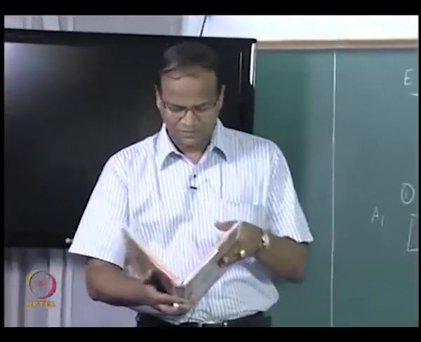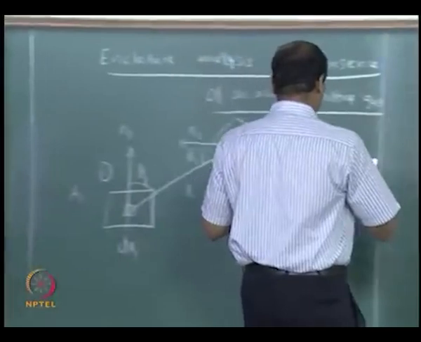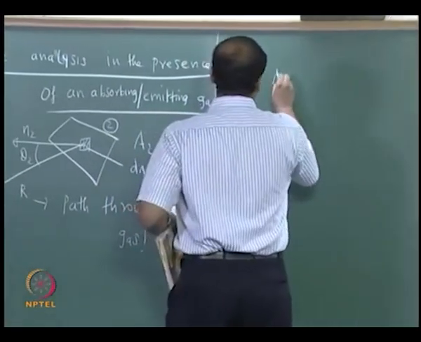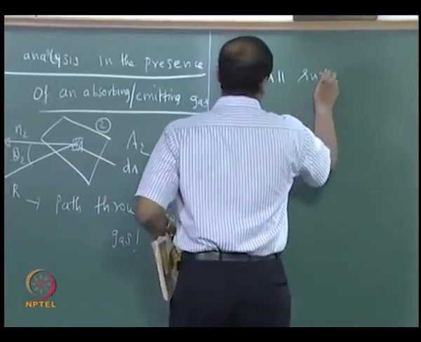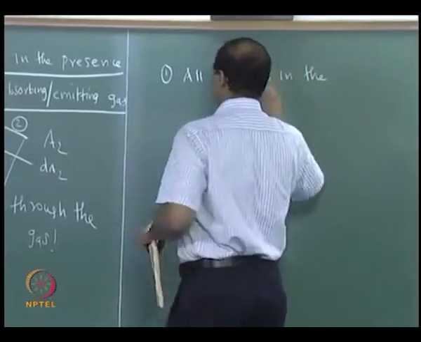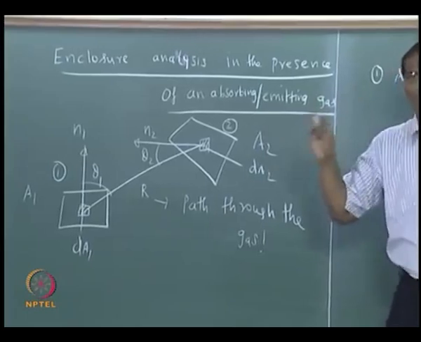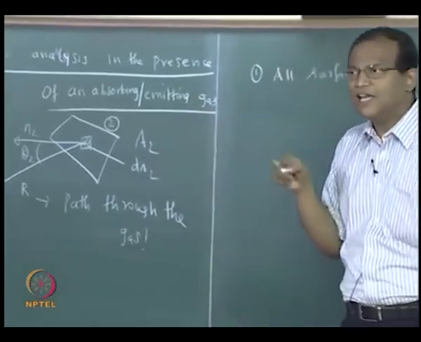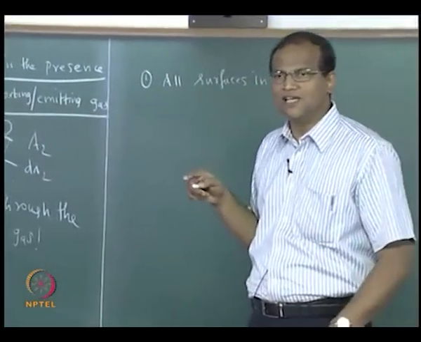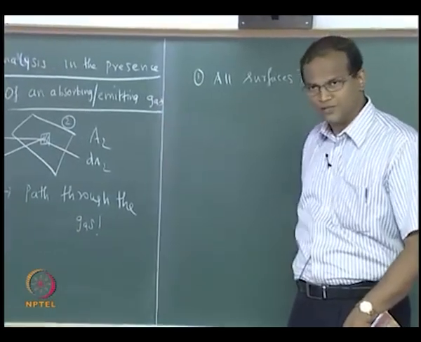Now how do we start? Consider two surfaces A1 and A2 which are part of a general enclosure. In A1 and A2 we take two elemental areas dA1 and dA2, and the configuration is shown.